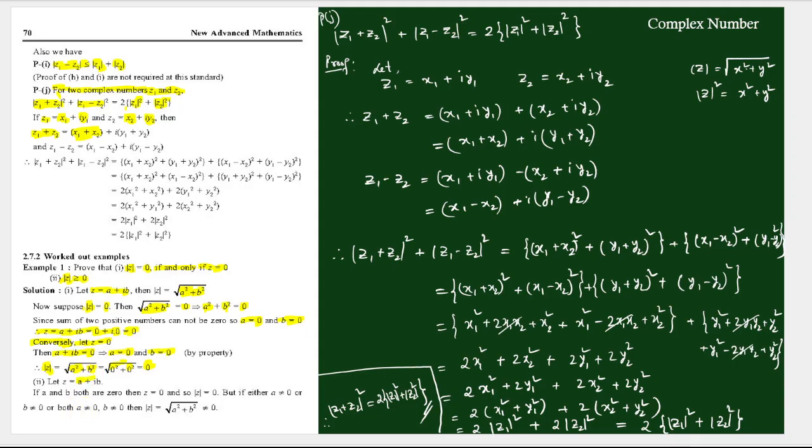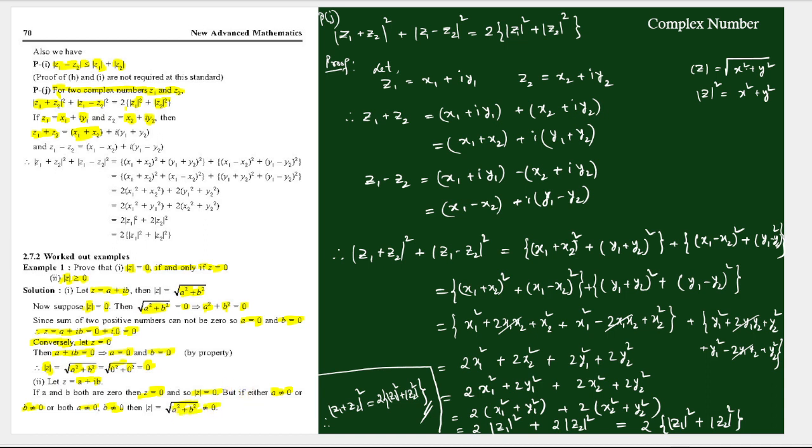Let's see. A plus ib. If a and b are 0, then z equal to 0, so modulus of z equal to 0, if a and b both are 0. But if one of them is non-zero, okay, if either a is not equal to 0 or b is not equal to 0 or both are non-zero, then in that case a square plus b square is not equal to 0, it is greater.